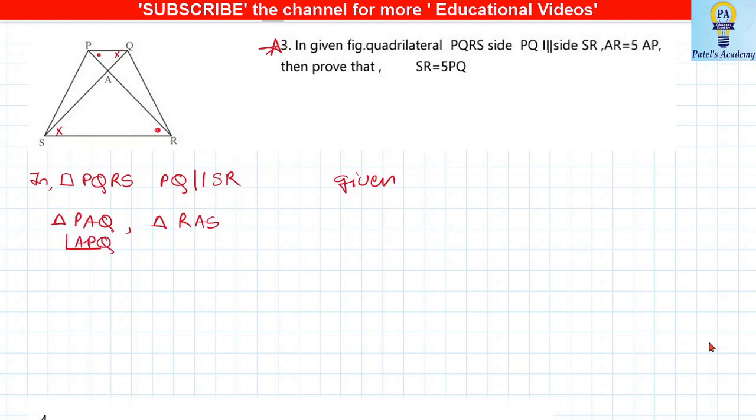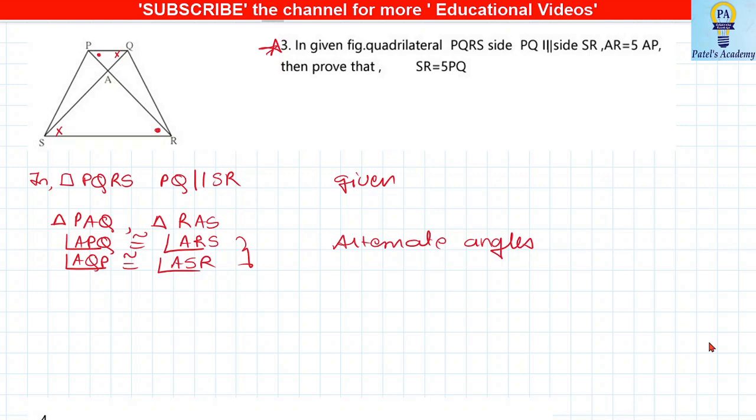That is angle APQ is congruent to angle ARS, that is angle P equal to angle R. Now angle AQP is congruent to angle ASR, that is angle Q and angle S. The reason is alternate angles. As two pairs of angles are equal, that is enough to prove that triangle PAQ is similar to triangle RAS by AA test.